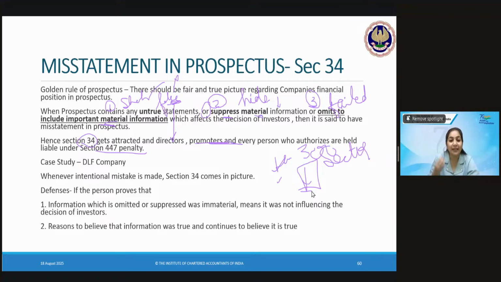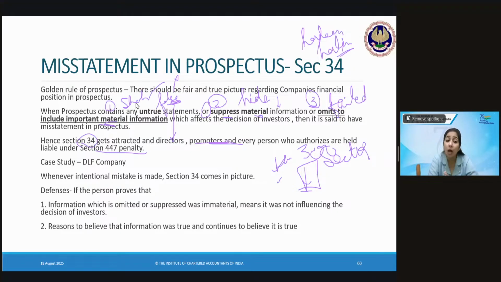I said my name, Harleen, has been included in the prospectus. But otherwise I'm spelled as Harleen, and you have included the name Harlen or maybe Lin. So it's not material information. It's just a name spelling mistake. It's okay.